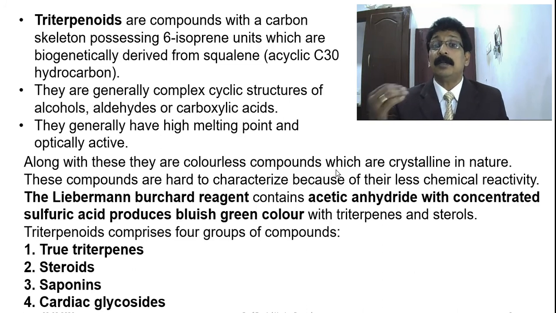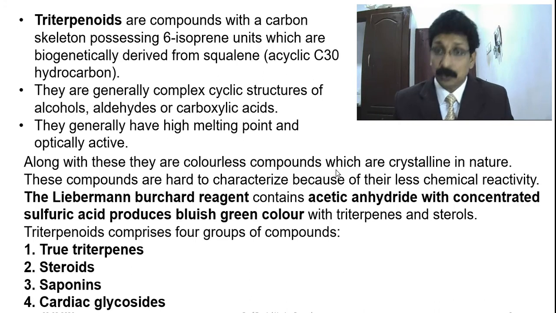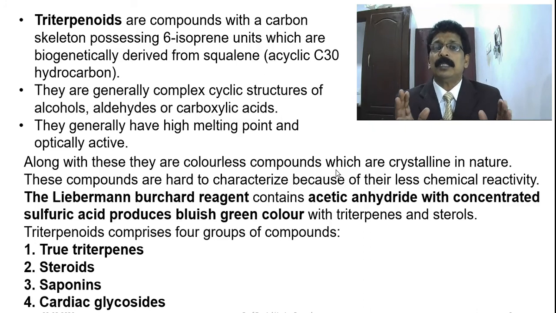You have to remember whatever we have studied before, also you have to recall and you have to study the material. Then it will be easy for the students to remember and to appear in the examination. They are generally complex cyclic structures of alcohols, aldehydes or carboxylic acids.